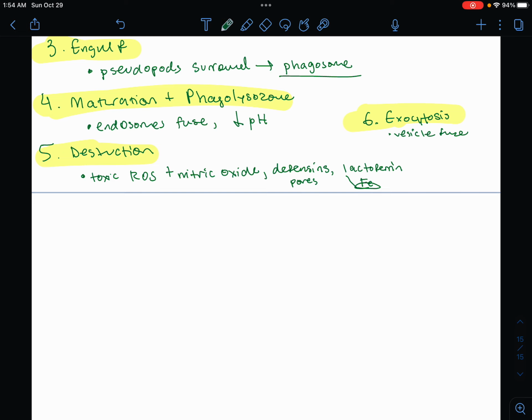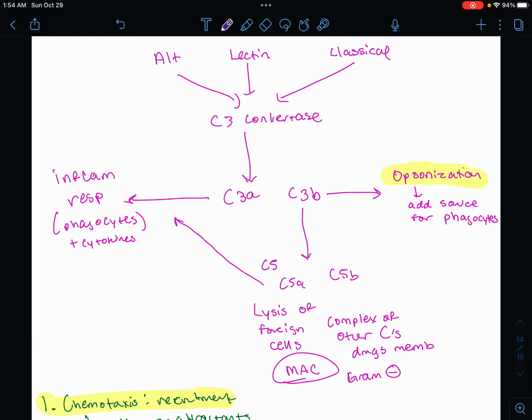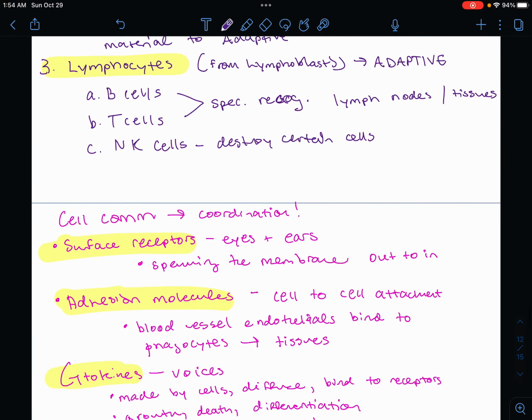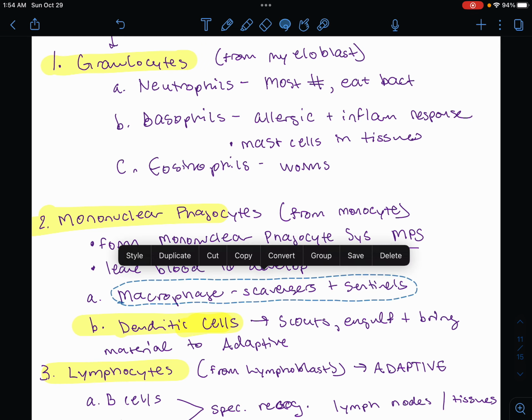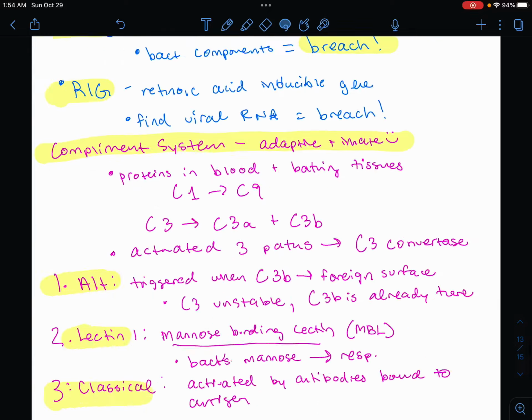Macrophages. Let's go back to macrophages again. We were up here with macrophages earlier, but we didn't go into that huge depth with them. These are going to be scavengers and sentinels. I'm going to just copy this over and move it down to where we left off.